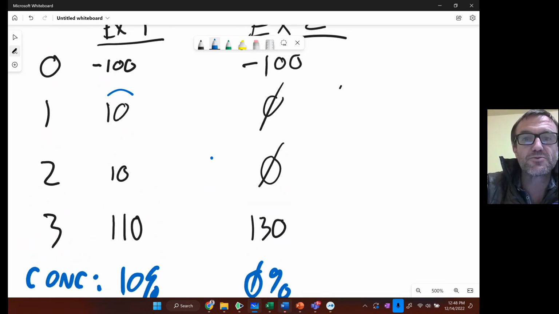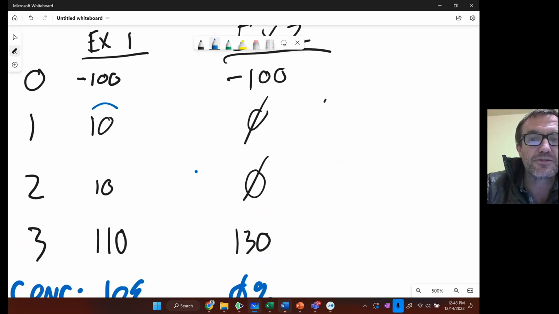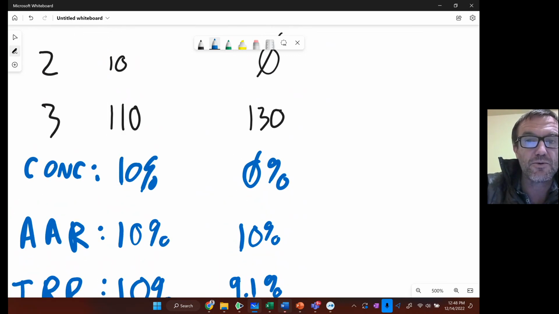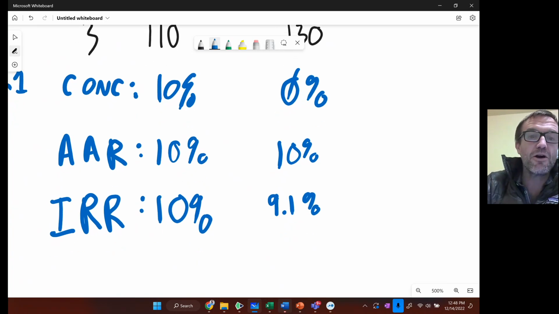So that's where they're different. The AAR is just assuming you're getting a return on your initial investment, and even if it's not paid out along the way, it's assuming a 10% annual return, but that 10% does not apply to the interest, if that makes sense. Whereas the IRR does apply that.